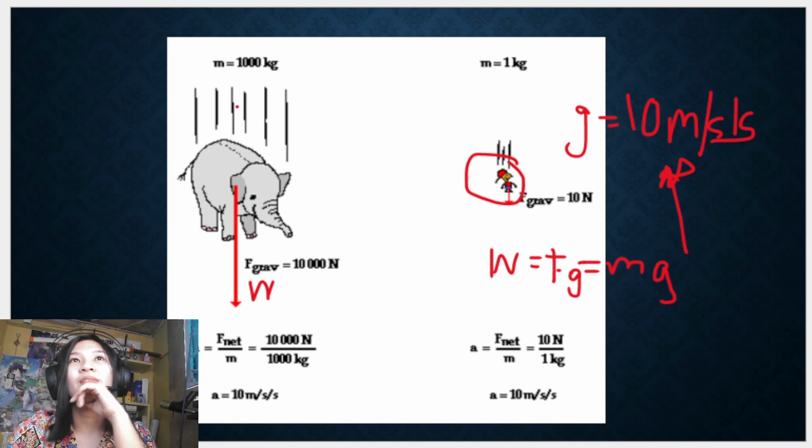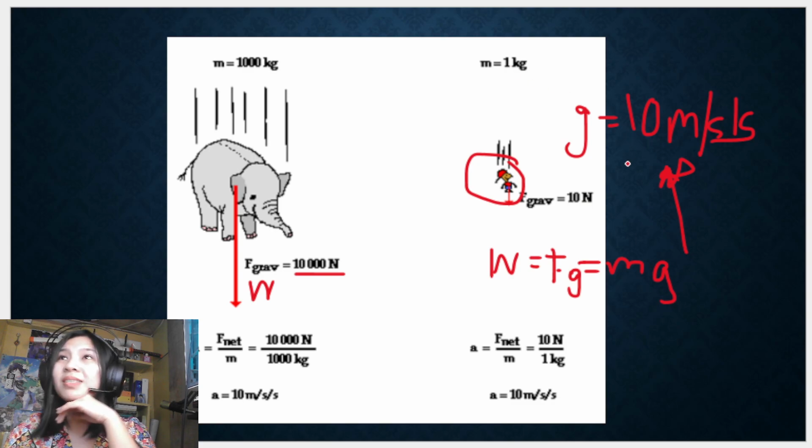What is the mass of the elephant? 1,000 times g, which is 10, so the weight or Fg is 10,000. Next, what is the weight or Fg of the mouse? 1 times 10 equals 10.